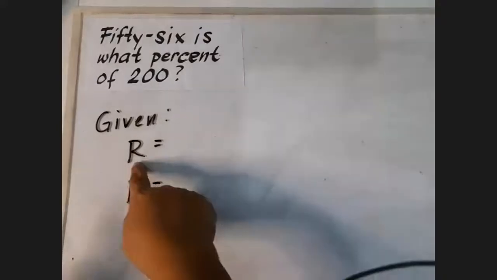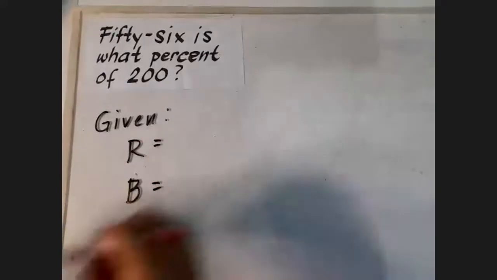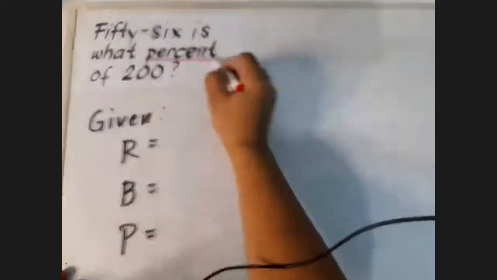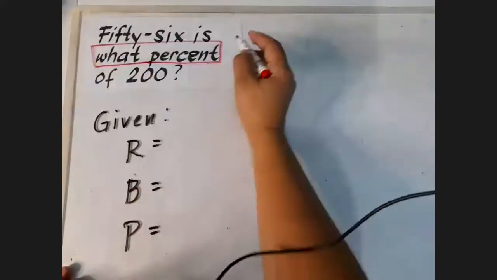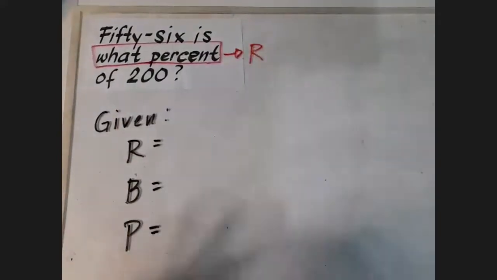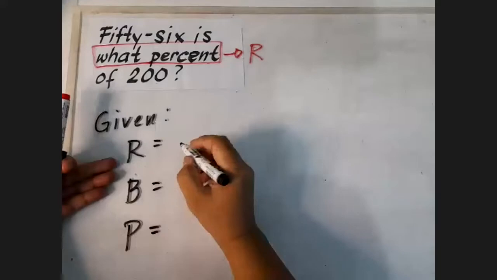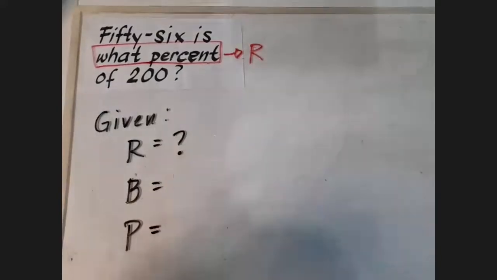Yung rate natin, ang clue natin, yan yung may percent. Okay? May percent. Nasaan yan? Ayun, ang percent. Ano ang kasama ni percent? Yung what. So, ibig sabihin, yung rate natin, yun ang nawawala. So, rate here is a question mark. That is what is missing.